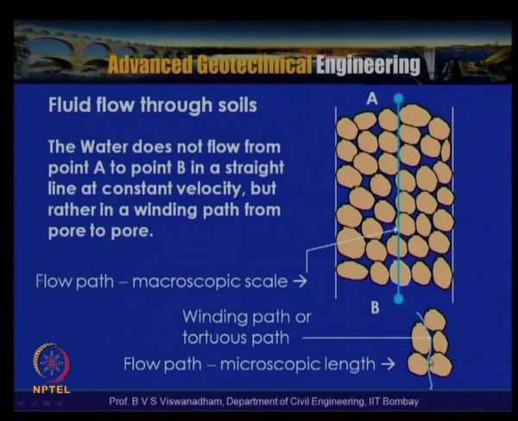This actual path subtended by the flowing water is called the winding path or the tortuous path. The ratio of this length to this macroscopic length is called the tortuosity factor.